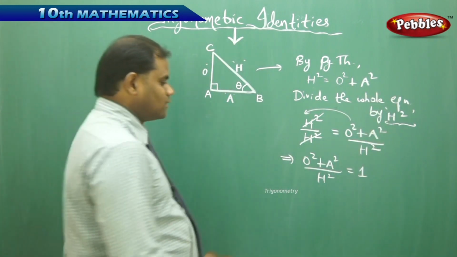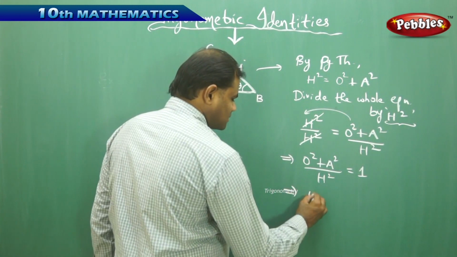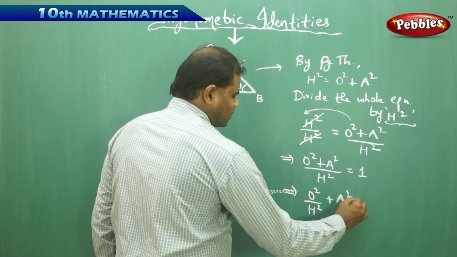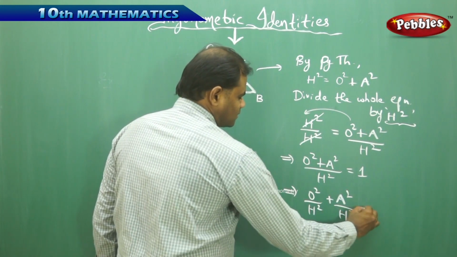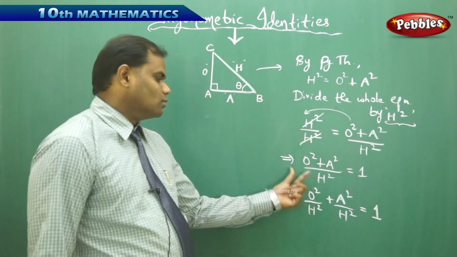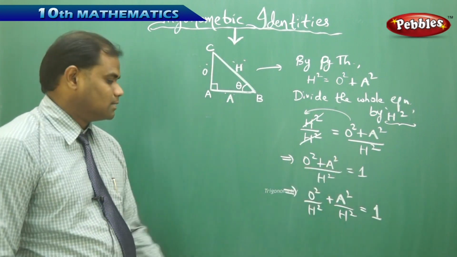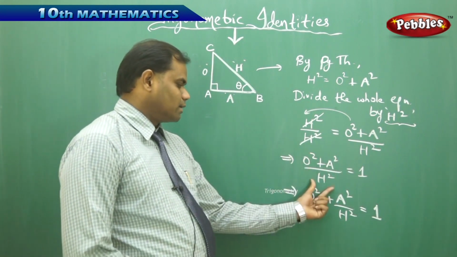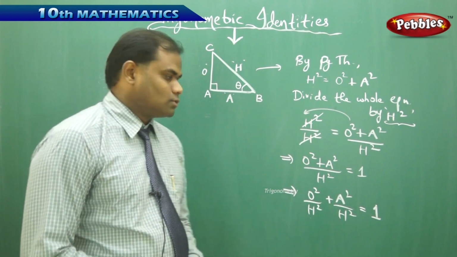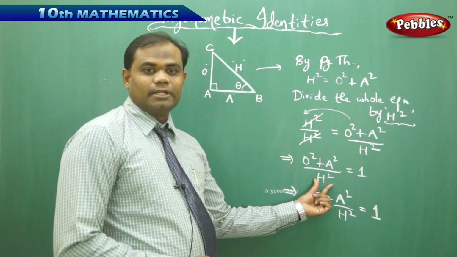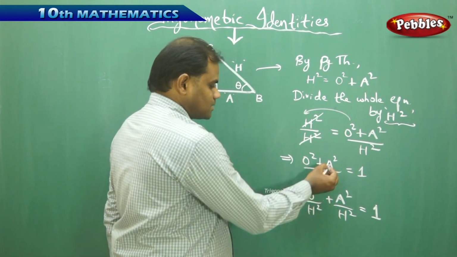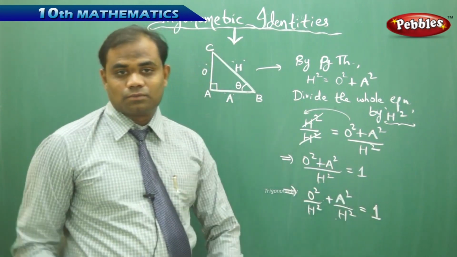When I simplify this further, I can split this as O square by h square plus A square by h square equals 1. When I split the denominator, it goes into each of the terms.